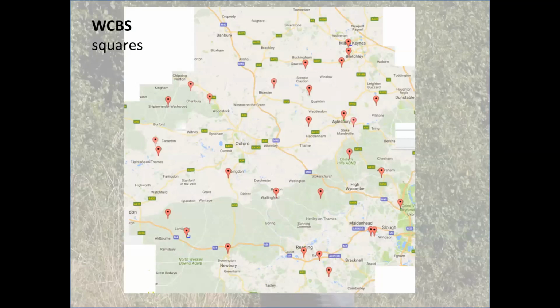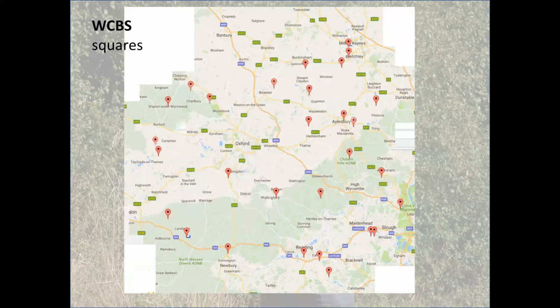Okay, so firstly, does the WCBS only work on the squares that the BTO BBS applies to? No, it's done in conjunction with the BTO BBS, but they're not all the same squares. So some of them are separate from the BTO BBS, and in the area of the Upper Thames branch, we've actually got extra squares. I wasn't going to mention them today, but as the question has come up, in the Chilterns, there are 50 extra squares.